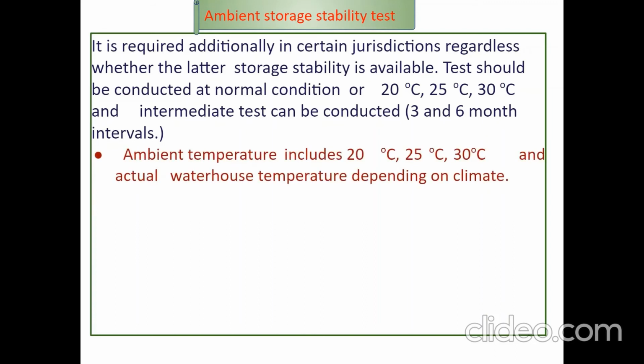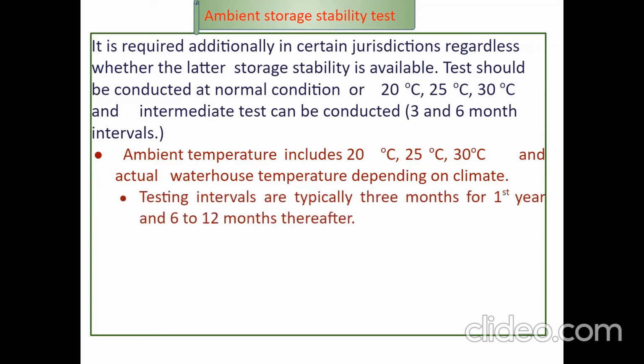Ambient temperature includes again the same temperature conditions, 20, 25 and 30 degrees Celsius, and the actual warehouse temperature depending on climate. As we have studied, environmental conditions also influence the storage stability test.